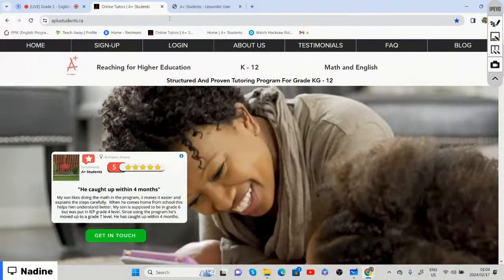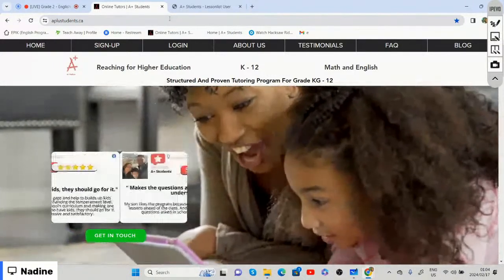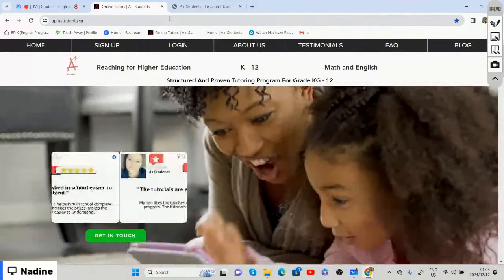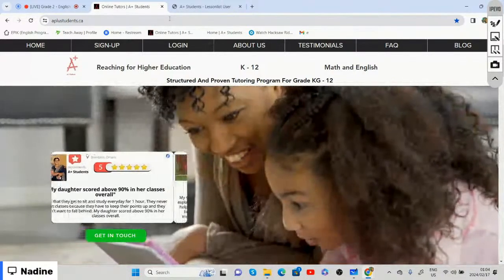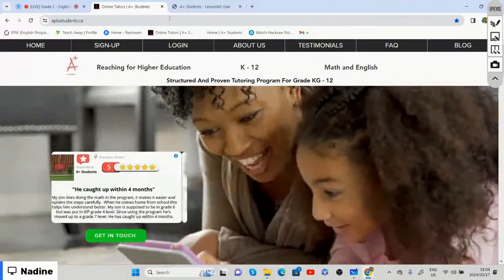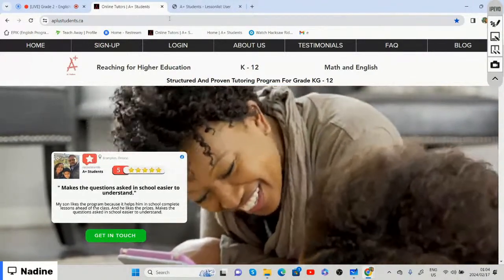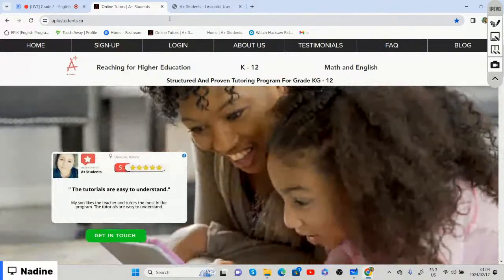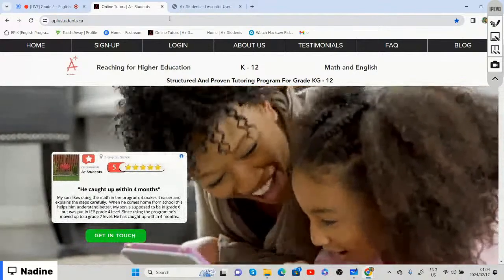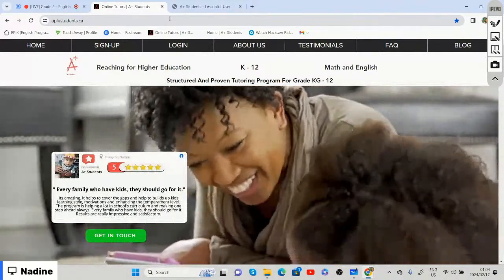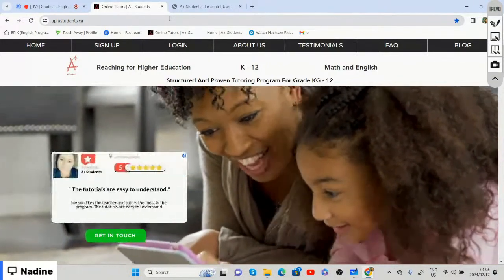Once we've logged on with our username as well as our password, we're going to select the subject of language arts, grade 2, and then scroll down until we get to our chapter of capitalization.